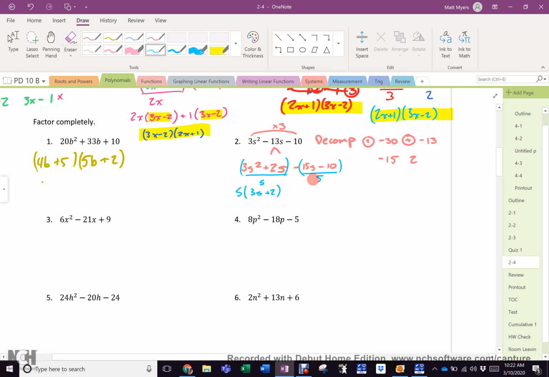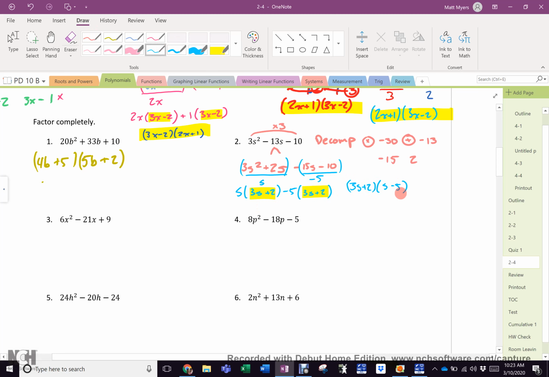So what's coming out? Negative 5. And what's this? Negative divided by a negative? 3s. And negative 2 divided by negative 10 divided by negative 5? Positive 2. And what do you see there and there? They're the same. So I get 3s plus 2 times s minus 5.